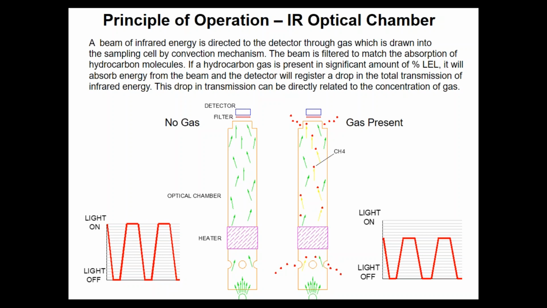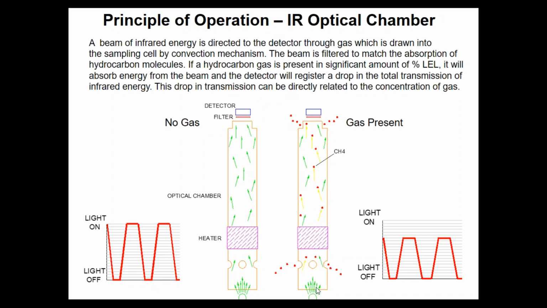Now, on the right side, we introduce methane, and that comes in through the bottom of the optical tube, and then because of heat, this is a heater, and that heater produces a chimney effect, which allows the hot molecules to rise and escape. And then we just keep getting this circle of diffusion, which allows methane to go into the optical tube. Now, as I said before, the carbon molecule in CH4 absorbs light in the 3.3 wavelength.